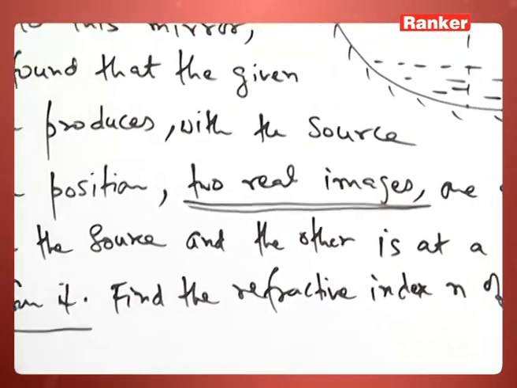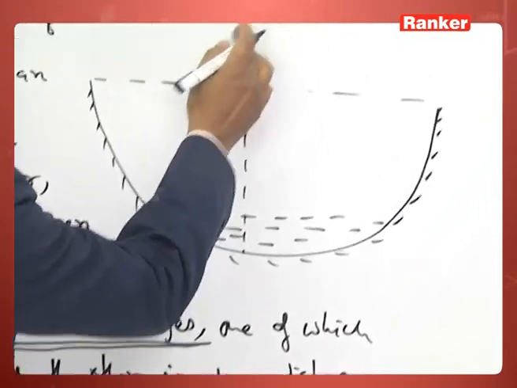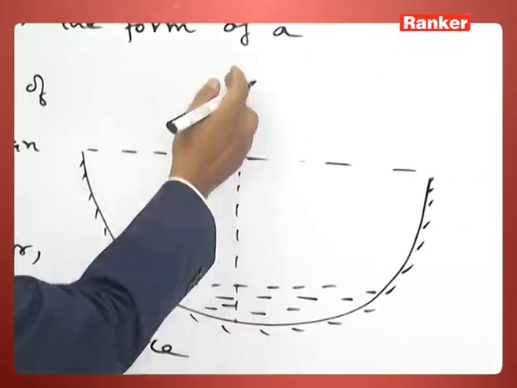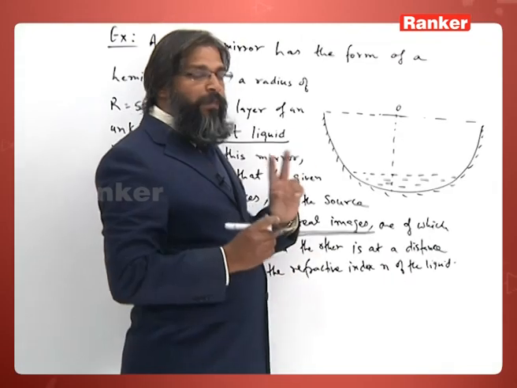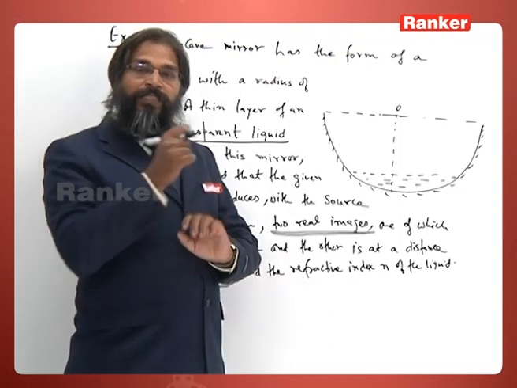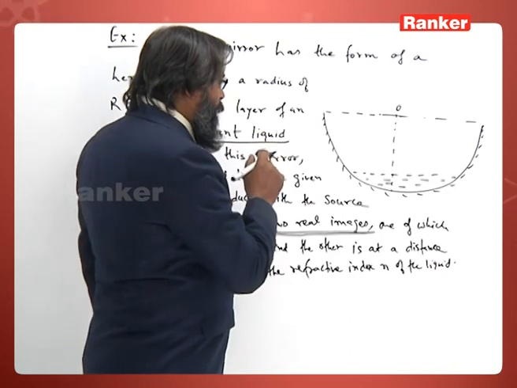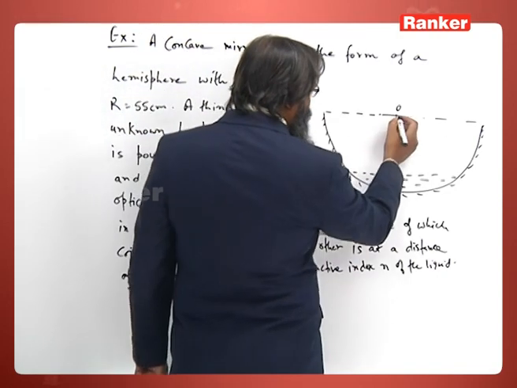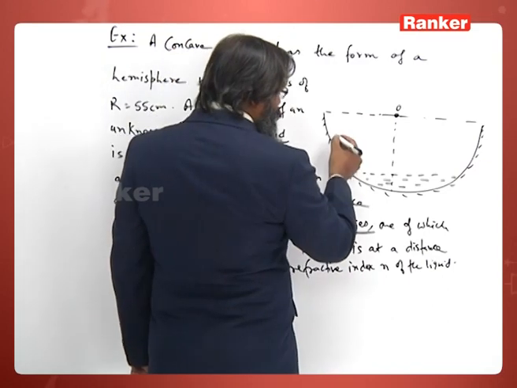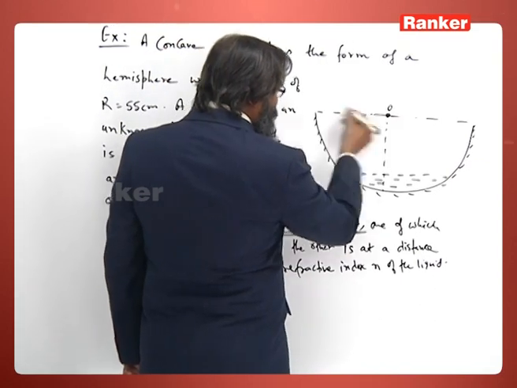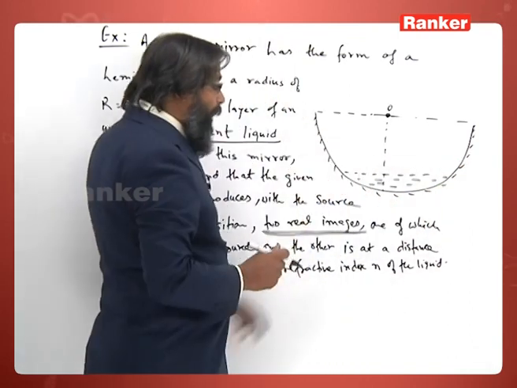This is our problem. Now you see, suppose somewhere here on this optical axis there is an object. It forms two real images, one coinciding with itself. So it gives us a clue that the object might be here, and this is the center of the mirror without water, without the liquid.